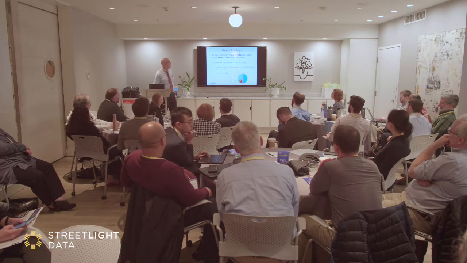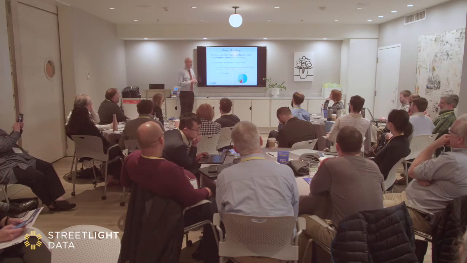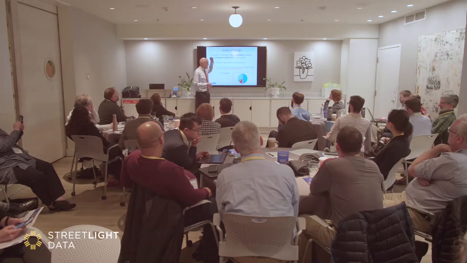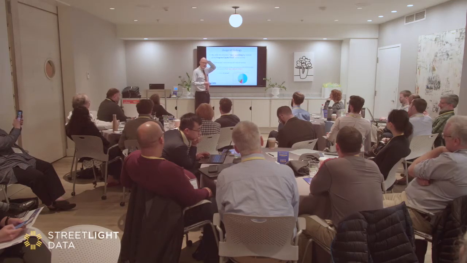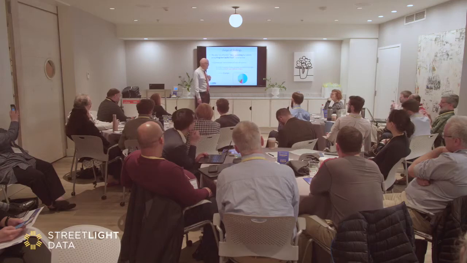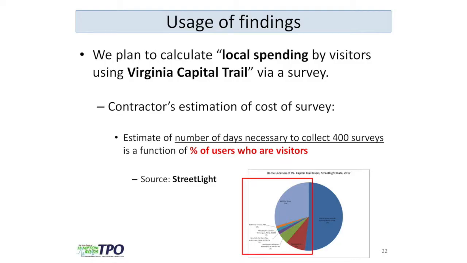And then how did we use that? Like I said, for the Virginia Capitol Trail, I was just talking to, is it Sean? Yes. About something we're going to do for the Capitol Trail. We want to estimate the amount of money that's being brought in.